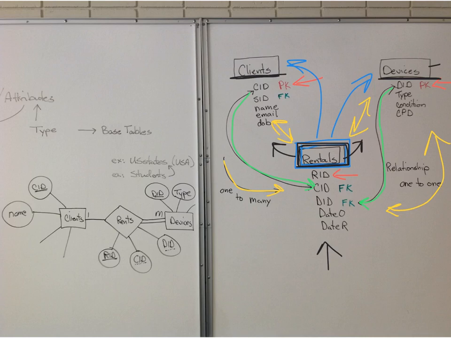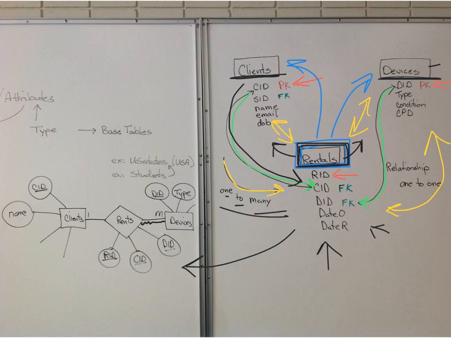One device can only be in the rental table once. 1 to many, we can have a client be in this table multiple times because they can rent multiple devices. So we have this 1 to many cardinality relationship, or constraint, we call it. Okay? And you can compare this to our diagram over here.